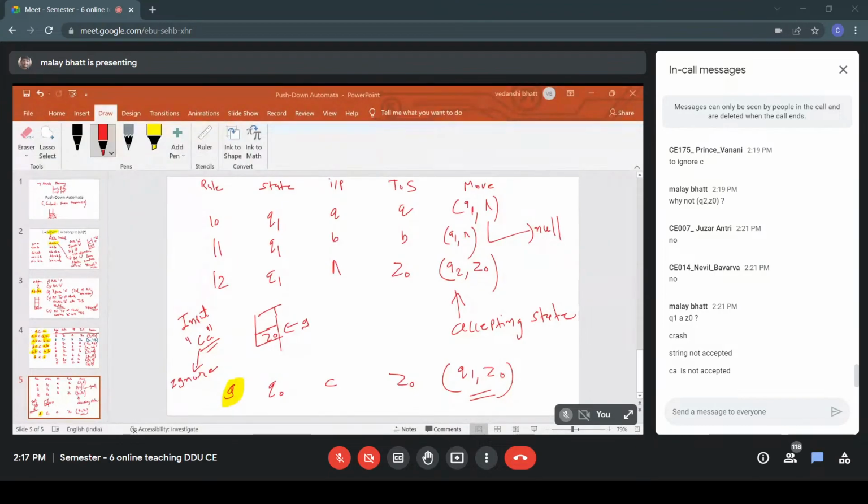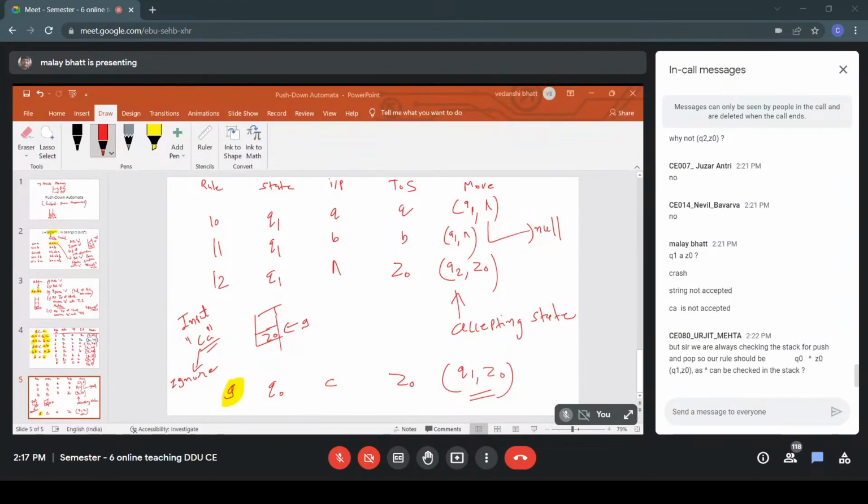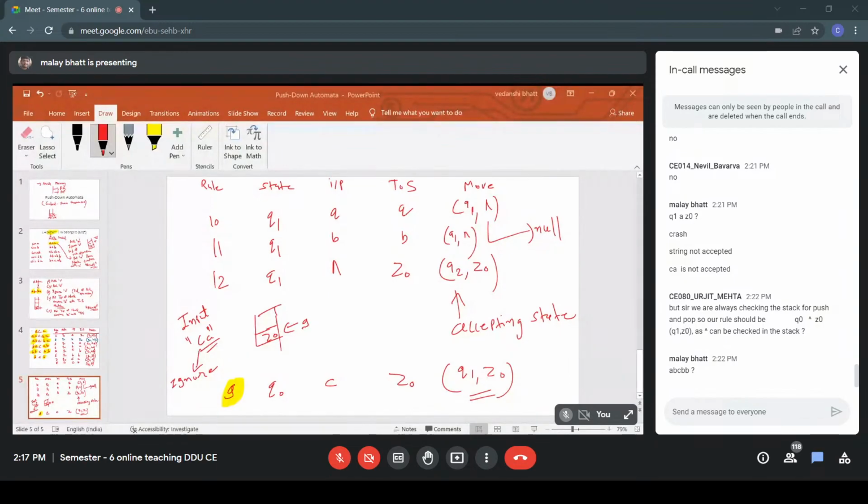Is it clear? Okay, now let me write one more string. If we have the string A, B, C, B, B, what will be the set of moves? Okay, but sir, we are always checking the stack for push and pop, so our rule should be Q0 null Z0.